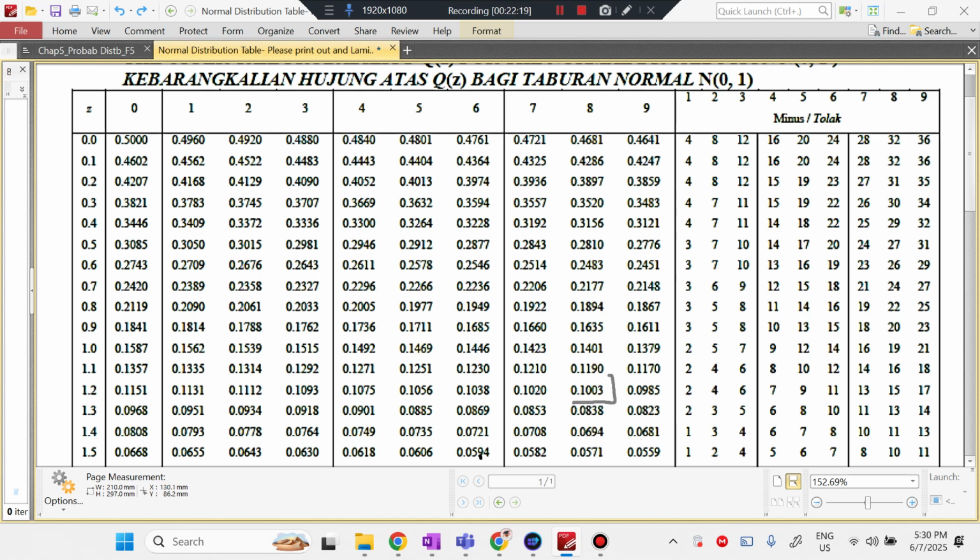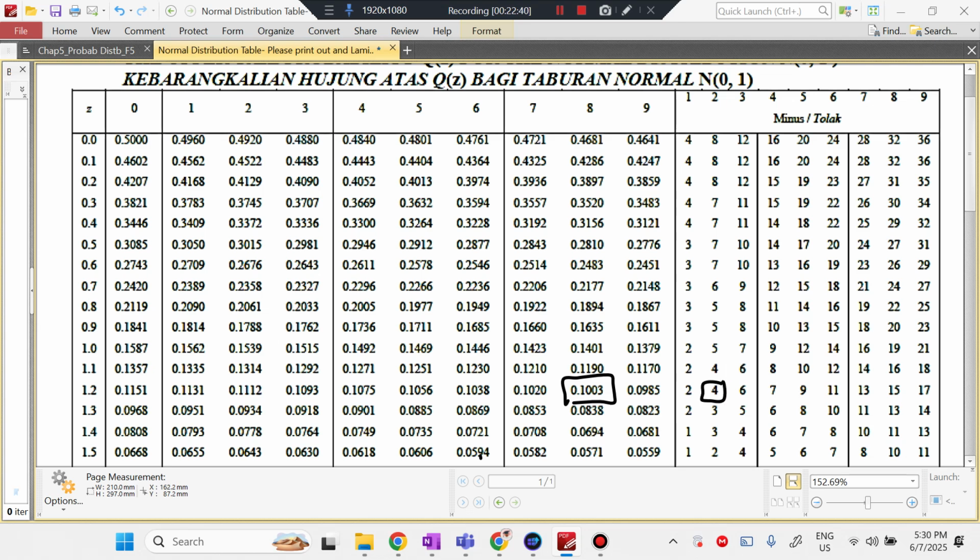So 0.10003 here. And then we need to minus 2 also can, or 4 also can. Up to you, both answers are acceptable, because the distance is the same.